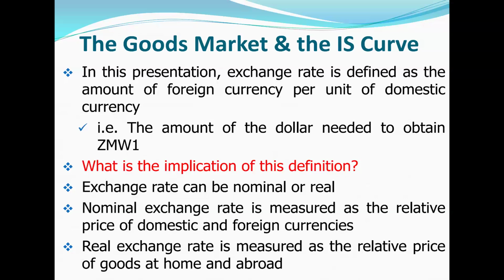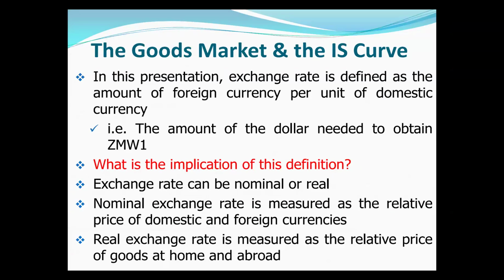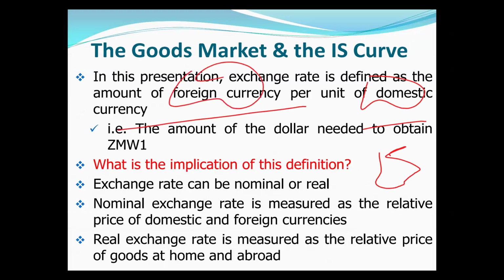the exchange rates, as we may be aware, can either be nominal or real. The real exchange rate is measured as the relative prices of goods at home and those abroad. That's what we mean by the real exchange rate. Like how much does something cost abroad relative to at home? How much do you need to pay for this here, and how much do you need to pay when you go abroad?